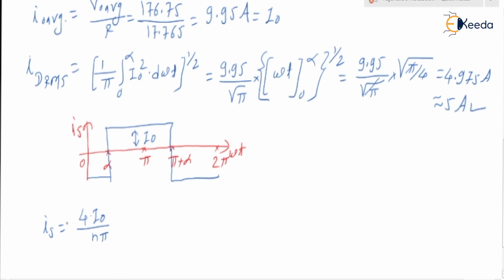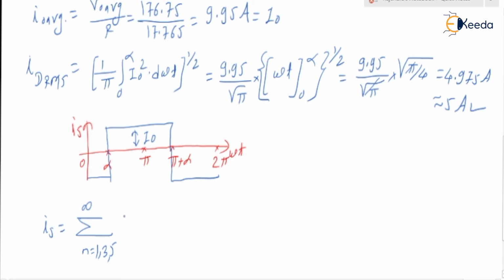We can write it as a summation over n equal to 1, 3, 5, 7 up to infinity, meaning only odd harmonics, right?